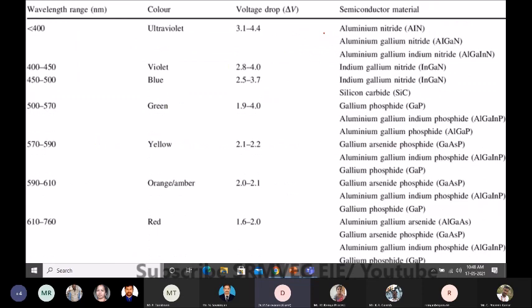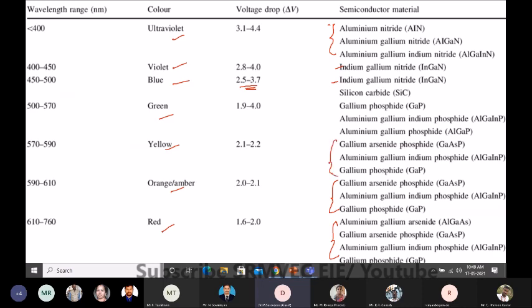You can see here ultraviolet, this component, and it is violet if it is indium gallium nitride, and blue is indium gallium nitride with a different voltage drop. Based upon this voltage, the wavelength differs. So green, yellow, orange, red, everything depends upon the material combination.